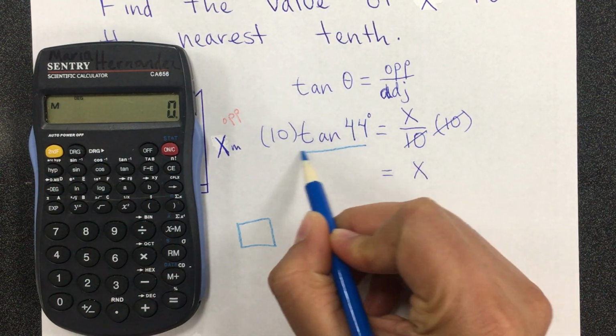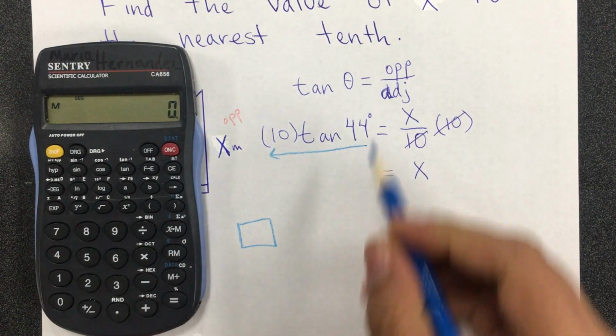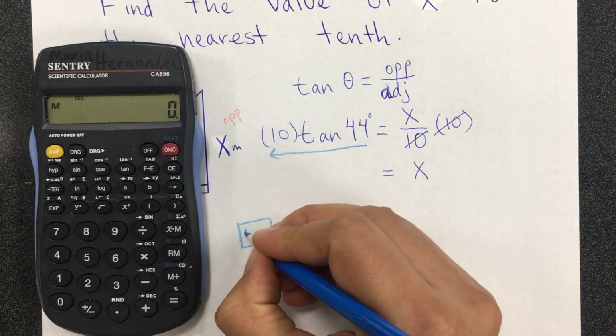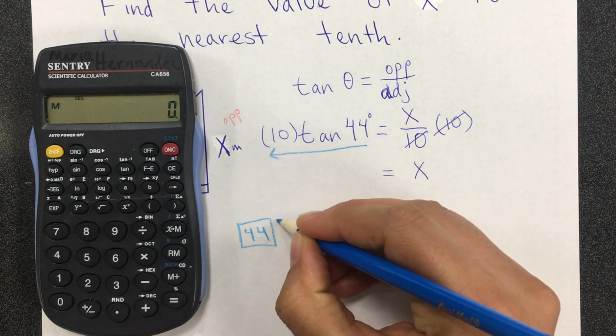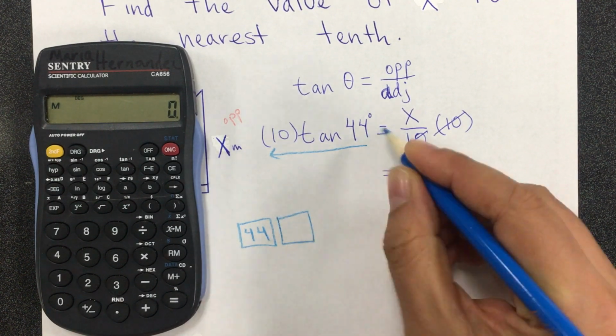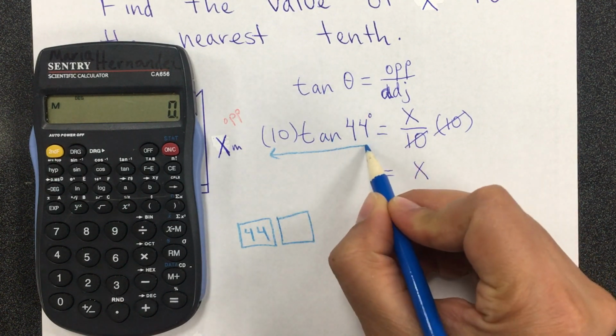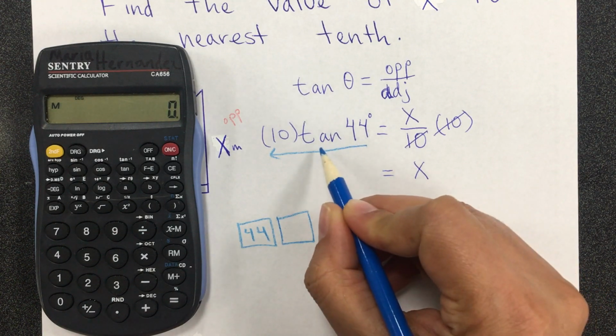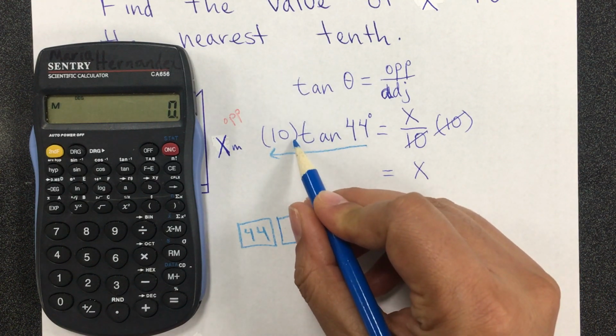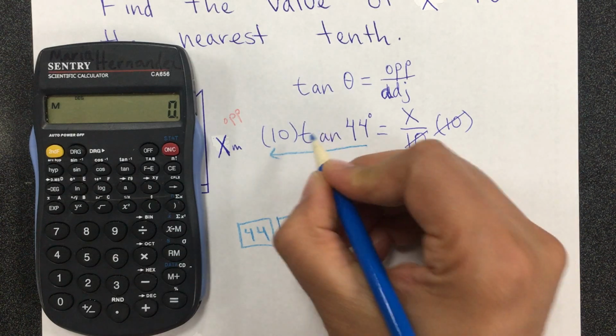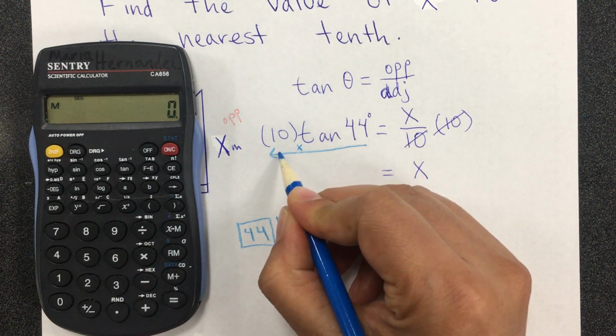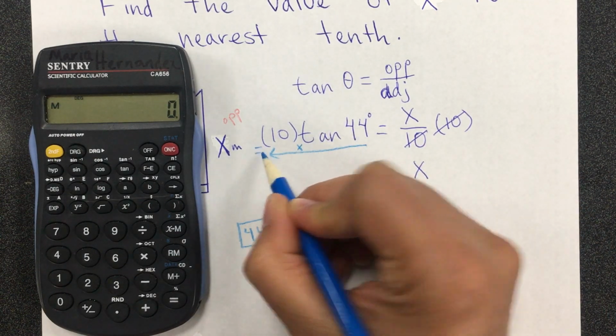You're going to go backwards, okay? And that's going to be 44. Then you're going to hit the tangent, then the parenthesis means multiply, and then 10, and finally equal, okay?